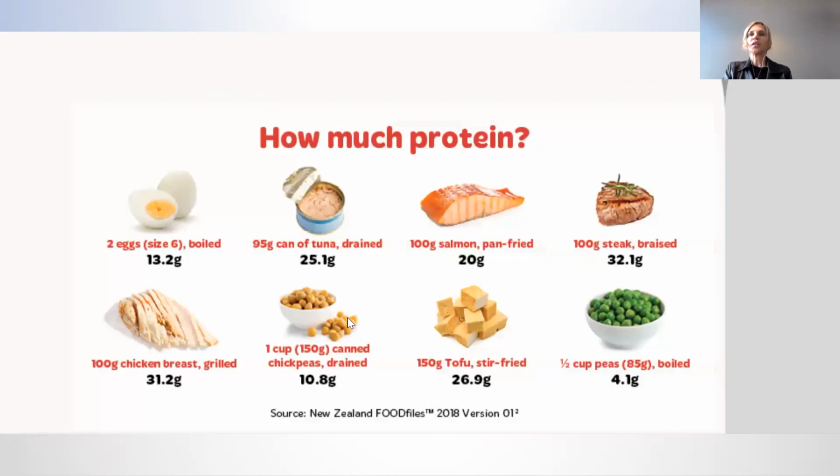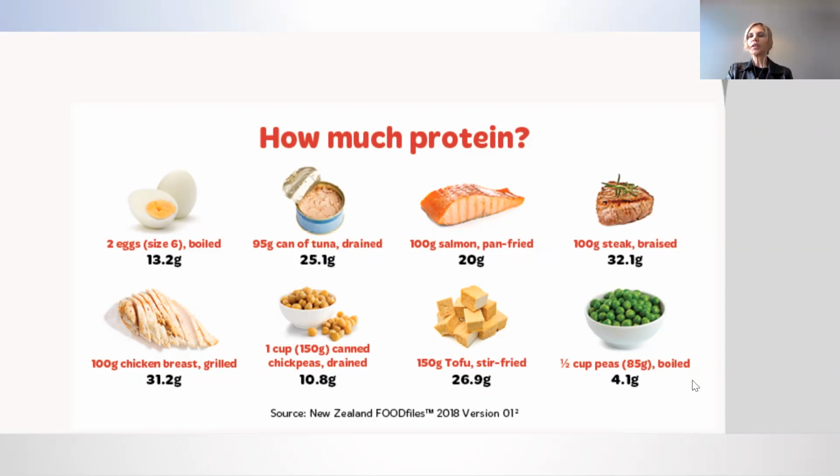So just to give you an idea of how much protein is in a food. If you think of meat, salmon, 3 ounce. There's basically in 1 ounce of meat, there's going to be 7 grams of protein. So approximately a 3 ounce piece of salmon will have about 20 to 21 grams. Steak is maybe a little more protein rich, but it's pretty standard that 1 ounce is about 7 grams.